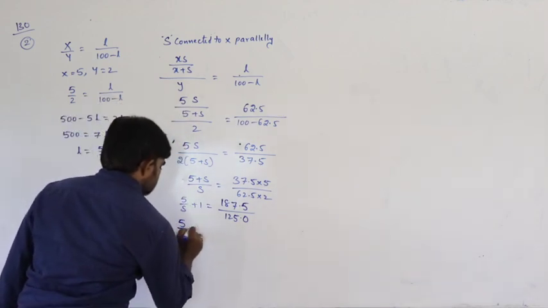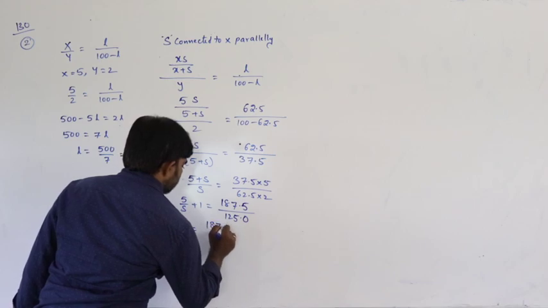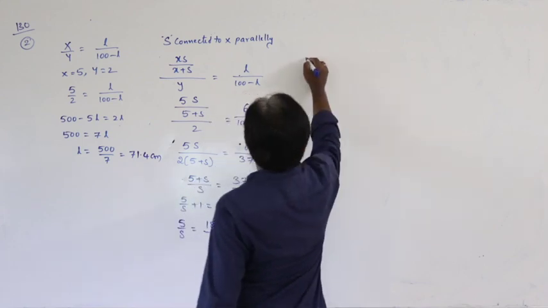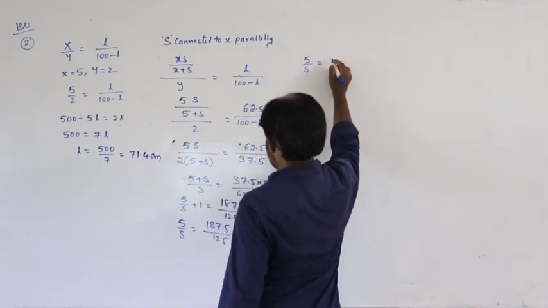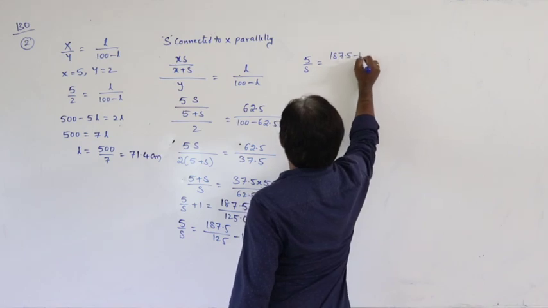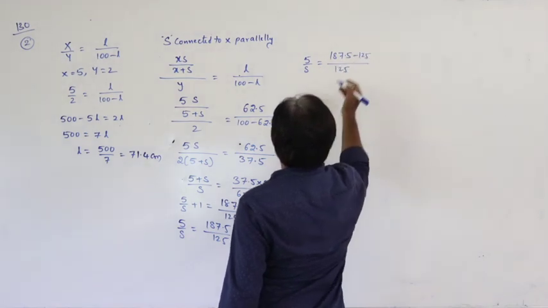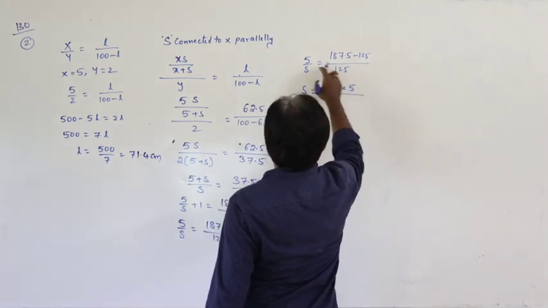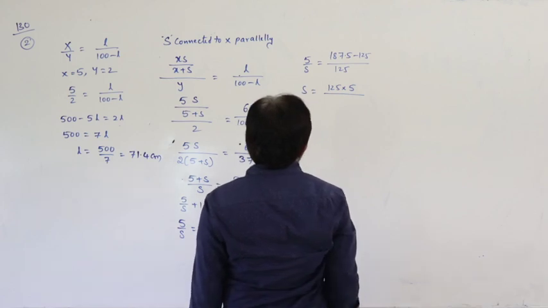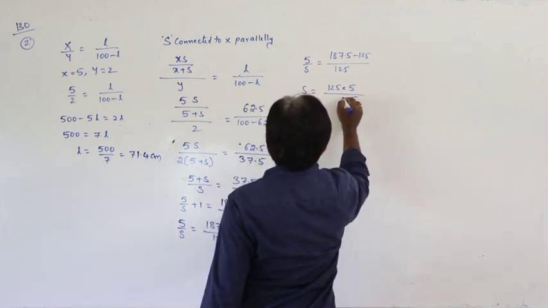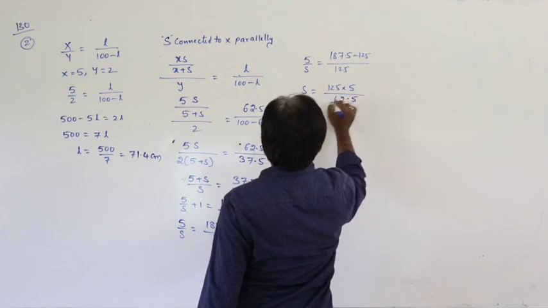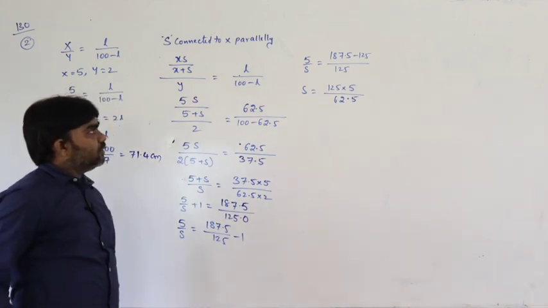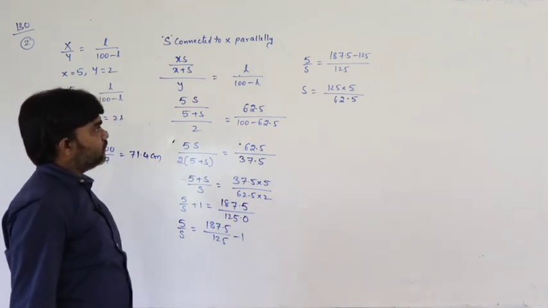So 5 by S is equal to 187.5 divided by 125 minus 1. So 5 by S is equal to 187.5 minus 125 by 125. So S is equal to 125 into 5 divided by 187.5 minus 125. And 187.5 minus 125 is 62.5.